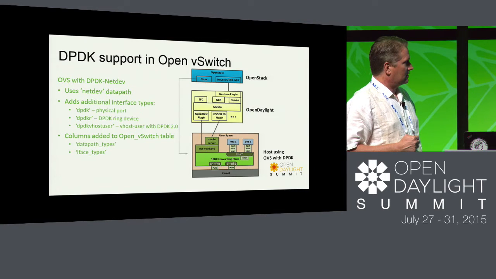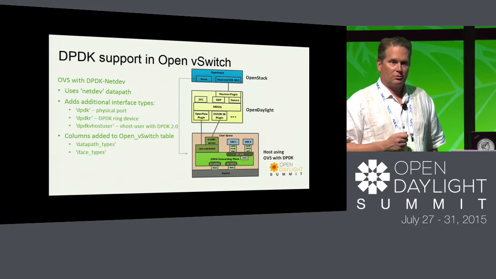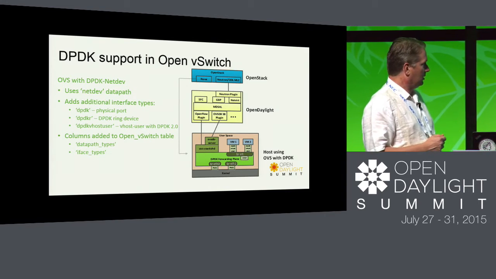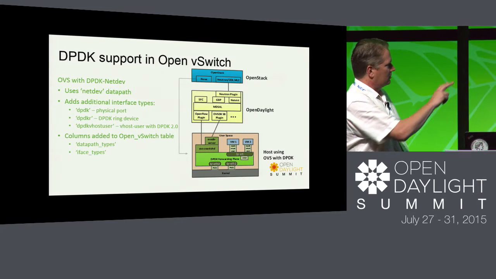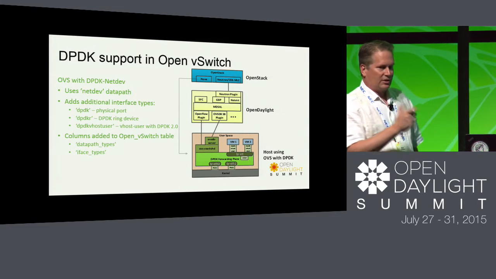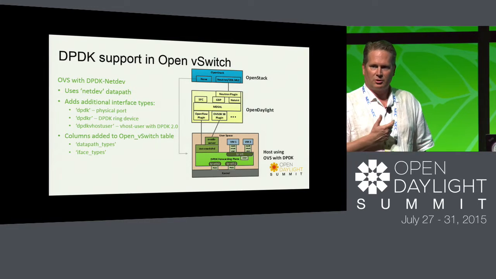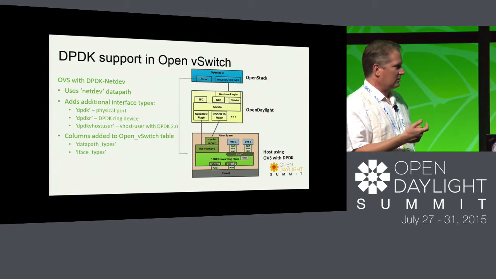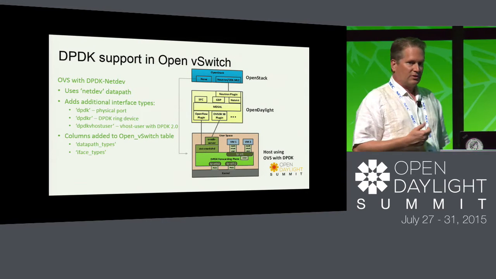The other thing that gets introduced with OVS with DPDK is a number of new interface types. The first one I'll call out is DPDK. I've listed the actual types; these are the strings that show up if you were to list the interface table in OVSDB. You would see these as the type of that interface. So DPDK is the physical port.